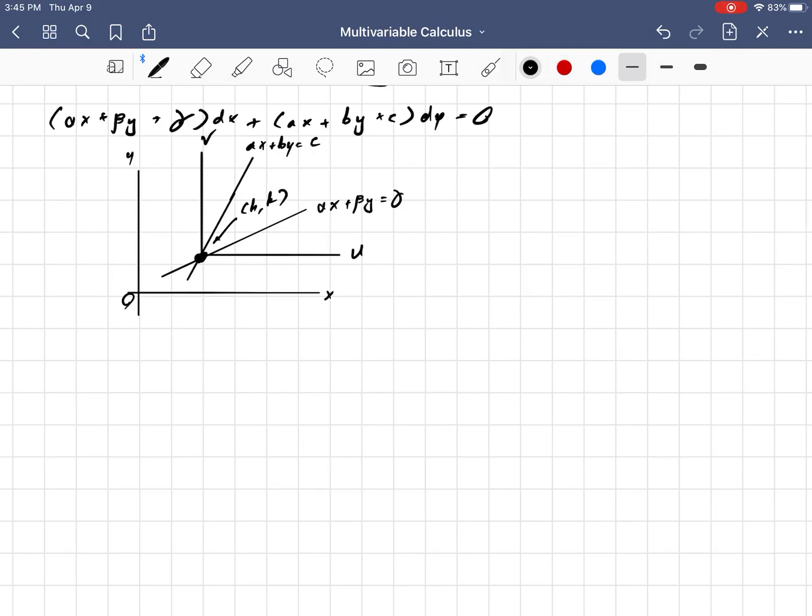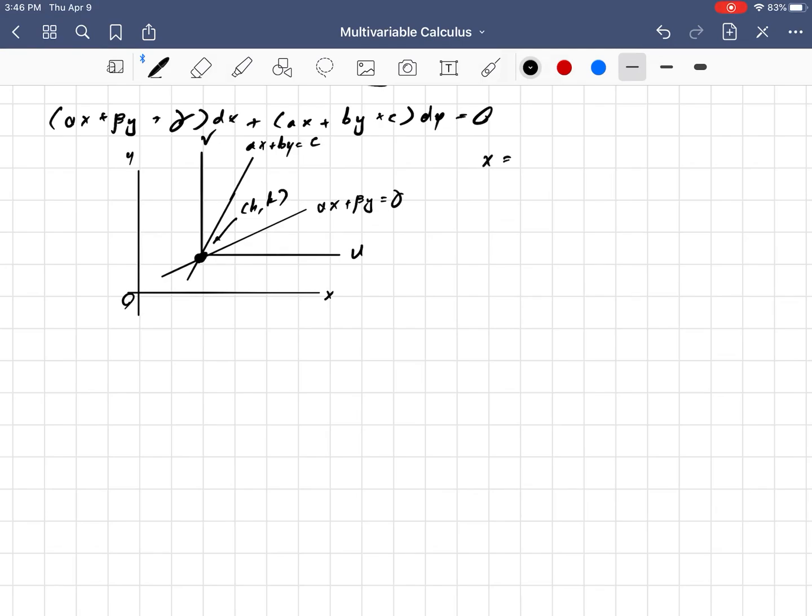Because here on the new axis, x is 0 and y is 0, so a times 0 plus b times 0 equals 0, so c would be 0, and alpha times 0 plus beta times 0 would be equal to 0, and then that would mean gamma would be equal to 0. So if we can just translate our axes so that the origin is where the two lines intersect, then the constants have to go away.